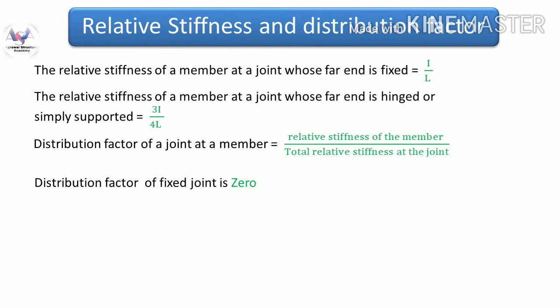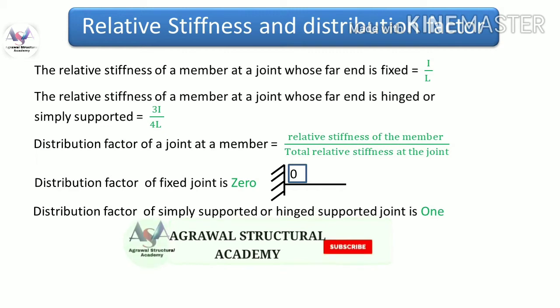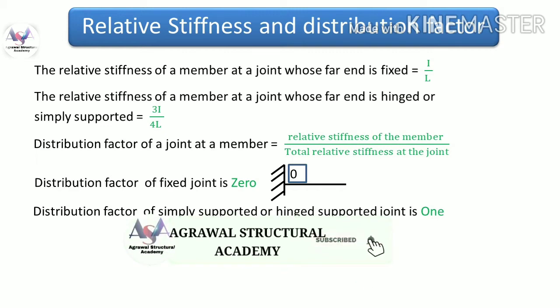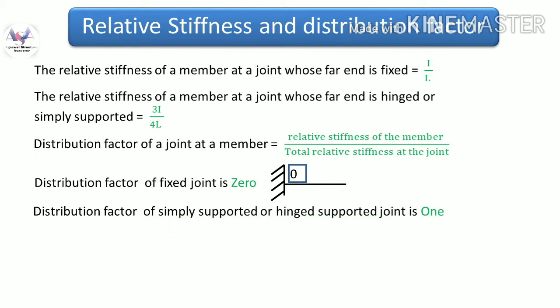Now, some standard values with us. Distribution factor for a fixed joint is 0. How is a fixed joint? Like this. So, if the end support is fixed, in that case the distribution factor is 0. Now, distribution factor of a simply supported or hinged support at a joint is 1.